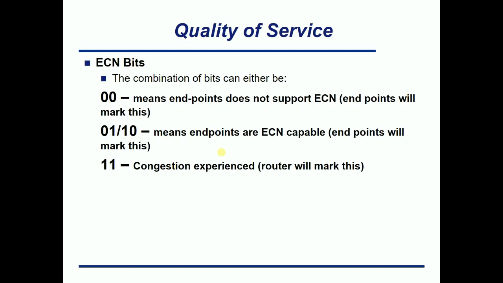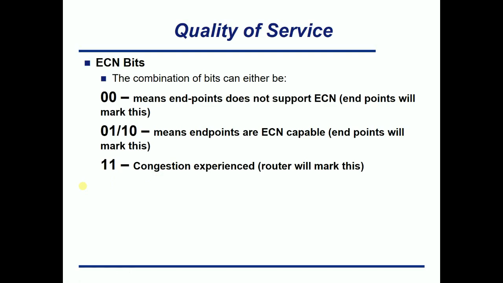So if there is congestion, then they can understand what that means. And of course the endpoints will mark this as well. Then when we actually experience congestion, the routing device who notices that there's congestion will mark it 11 and then send it on its way.